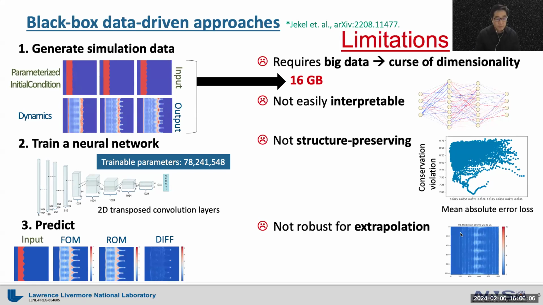As a matter of fact, this is a density prediction at a point right outside of the training data region. As you can see clearly, the density is evaporating, clearly violating the conservation of mass.